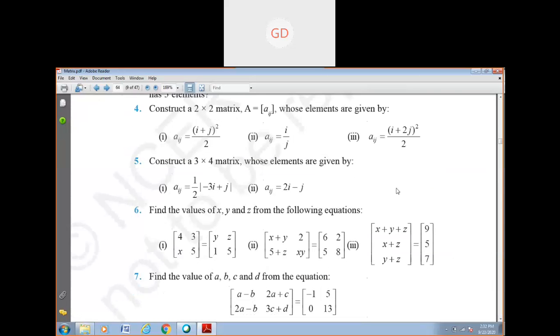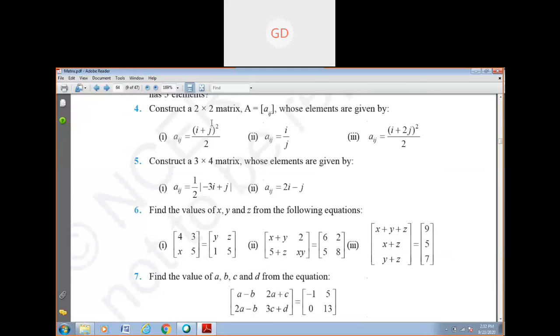Now it is a small exercise here. If you are interested, then you can note down a few exercises from my side. If you want to note down, you can note it here.